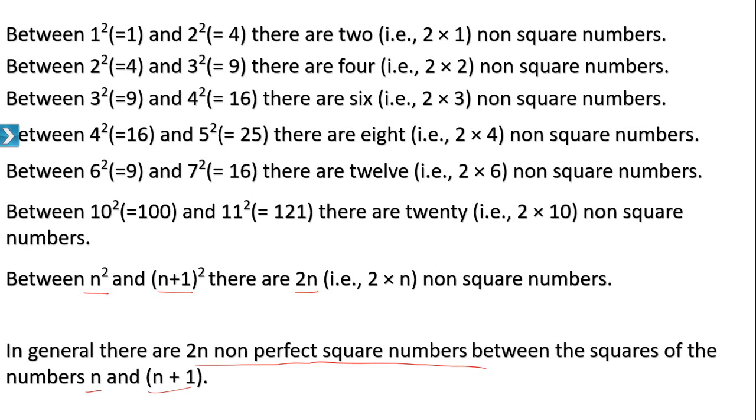Remember, between any two consecutive square numbers there are 2n non-perfect square numbers. N is the first number, n plus 1 is the second number.